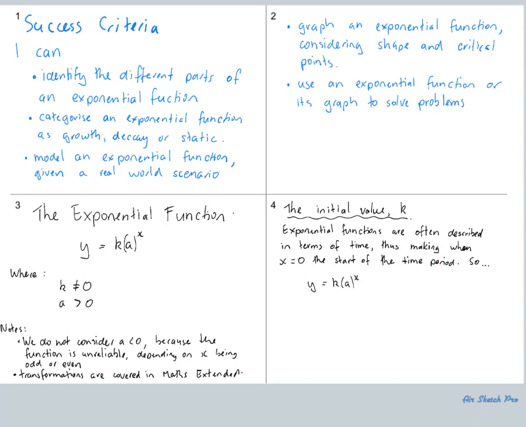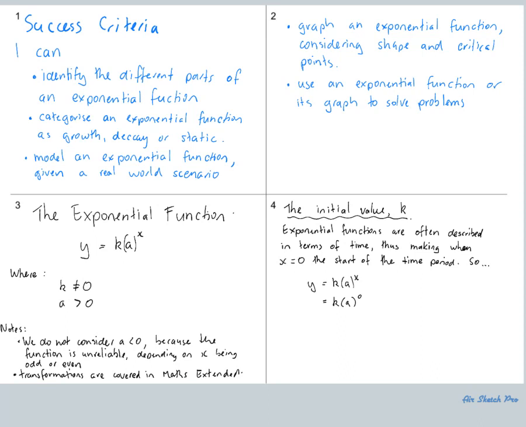I've deliberately kept it in general terms. I don't care what k and a are at this stage, other than k not being equal to 0 and a being greater than 0. So when I let x equal 0, let's see what happens. We've got y equals k times a to the power of x, which is k times a to the power of 0 at the start.